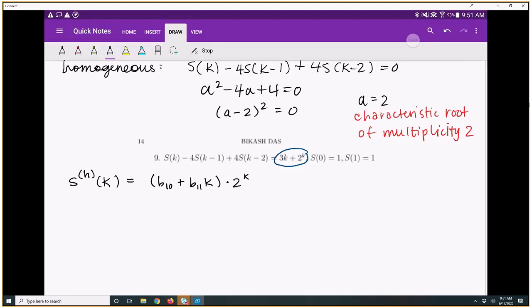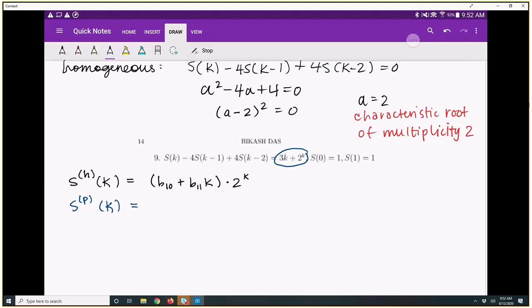So we might usually just guess that it would be a constant times 2 to the power k. That would be our guess at the particular solution. But in this case, we have to, again, multiply by k, and not only k, but k squared.